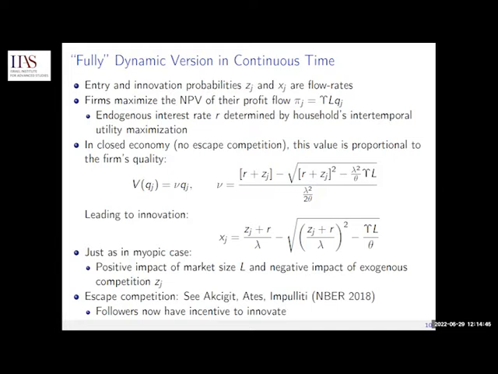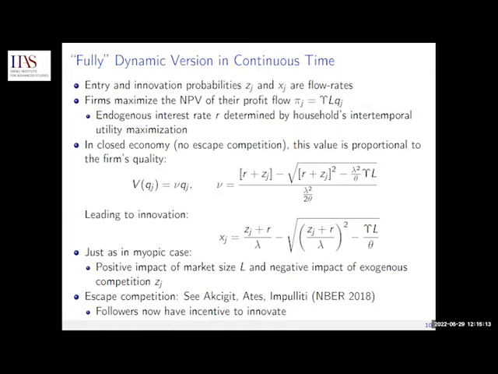If you do the fully dynamic version, then one thing that you do within the model: right now, I was thinking of entry and innovation as a probability, so you have to convert those to flow rates in a continuous time model. Now they have this interpretation.